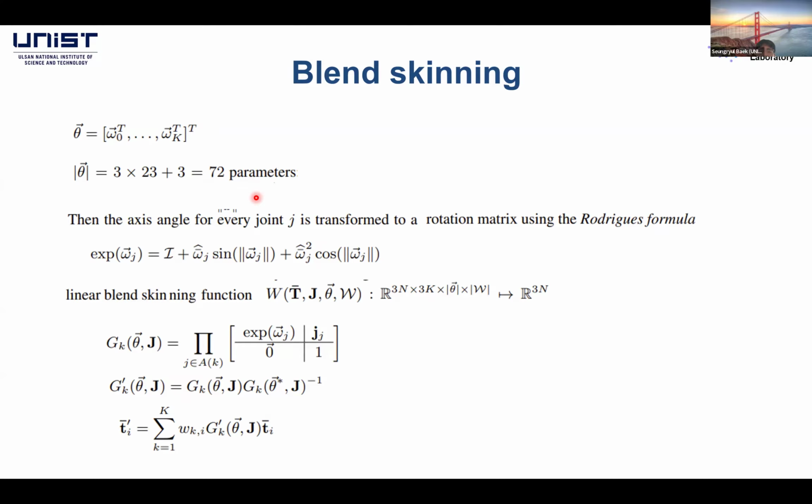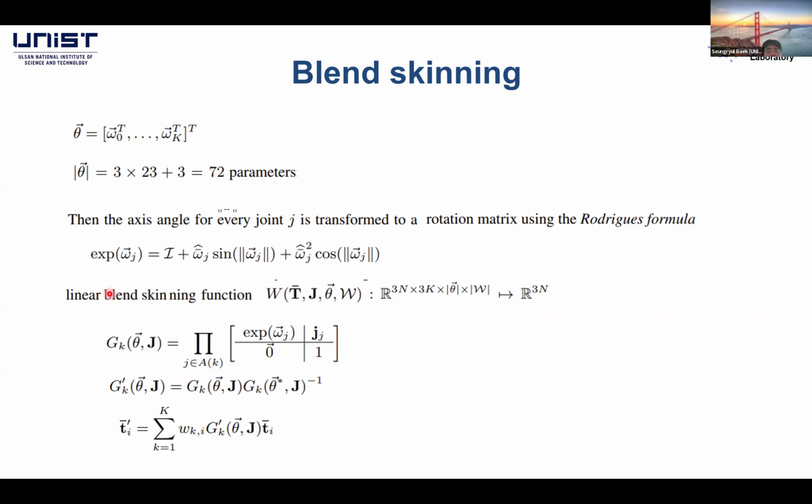And also, mathematically, using the Rodrigues formula, we can turn these into a matrix. At the initial time it is only a 3-dimensional vector specifying the rotation angles itself, but using this formula, we can make it into the rotation matrix, which is a 3 by 3 matrix.